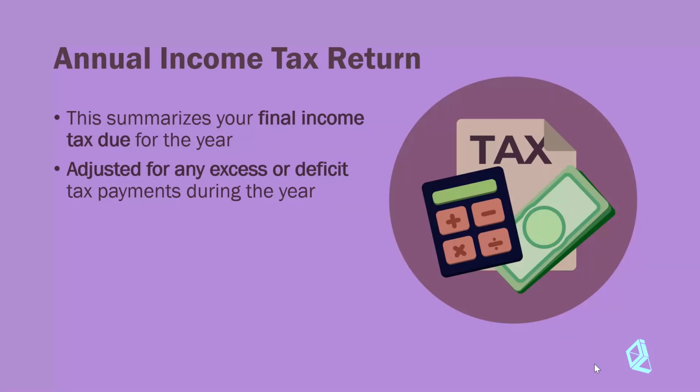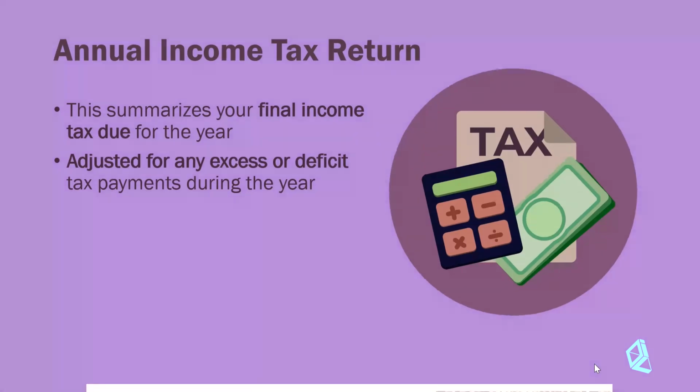So this is also the form that you will use in order to adjust for any excess or deficit tax payments during the year. So it's possible that there are some items that you were not able to consider. It is in this form that you rectify those faults.